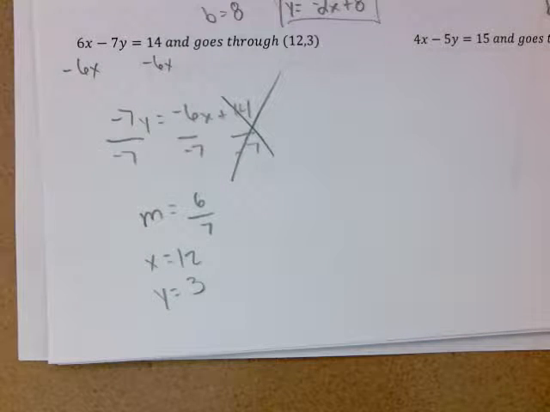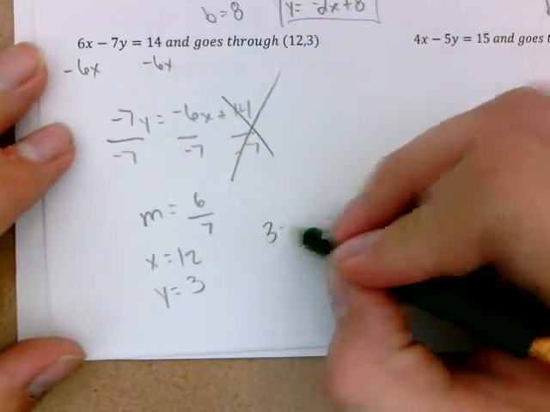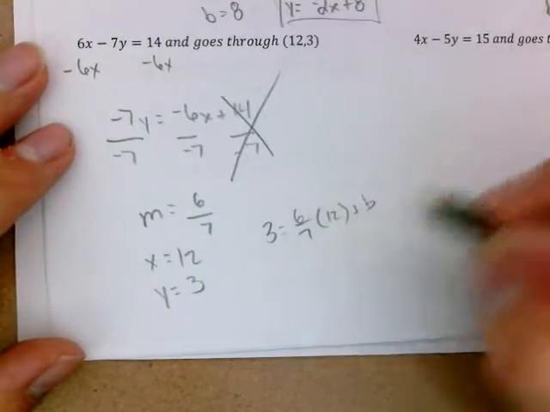Alright, I'm going to skip this one because it's going to deal with fractions that you guys are probably not going to understand. Alright, but honestly all you'd have to do is this, plug them in again, so it'd be 3 equals 6 over 7 times 12 plus b.